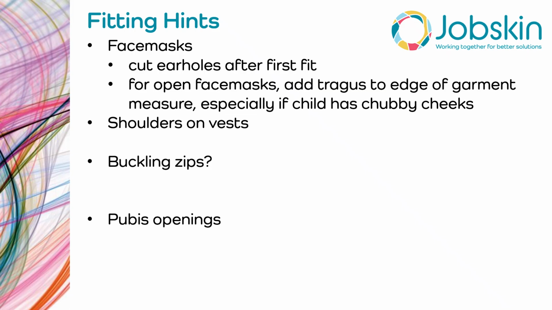So it's better to fit, and then all you need to do is mark the top and the bottom of the anchor points of the ear, the pinna, to the head. You don't draw an ear around it. That's if you're choosing to cut the ear holes.